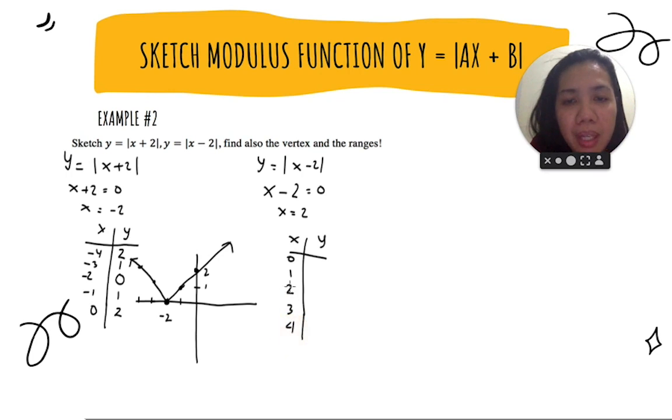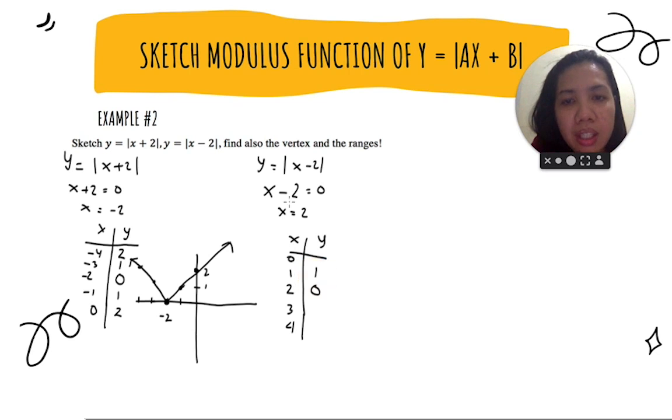Now if I put 2 here, 2 minus 2 is 0, so y equals 0. Let's put x equals 1: 1 minus 2 is minus 1, and the absolute value of minus 1 is 1.